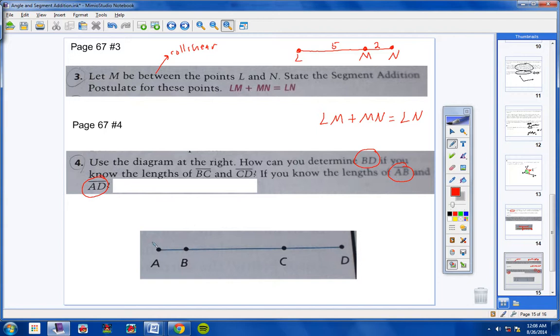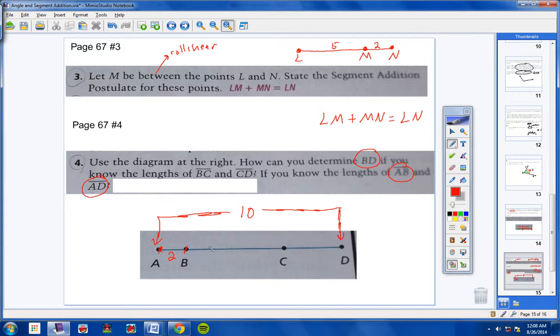Let's say I knew that from A all the way down to D it was 10, okay? And that's what it says here. It says I know the lengths of AD and I also know the length of AB. So from A all the way down to D is 10. And then let's pretend that AB is 2 from here to here.